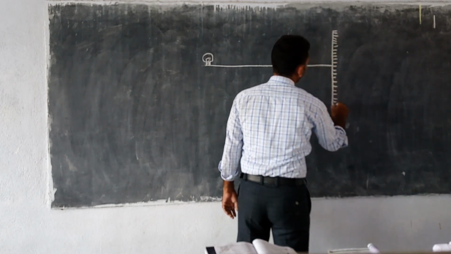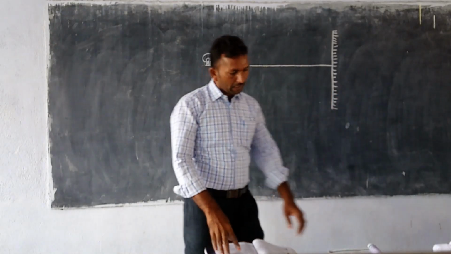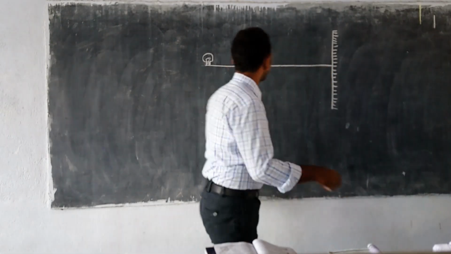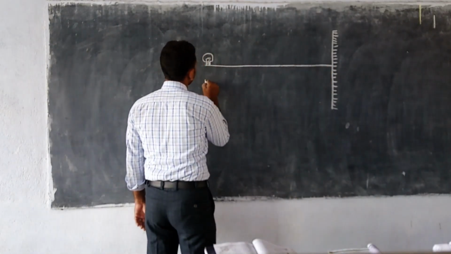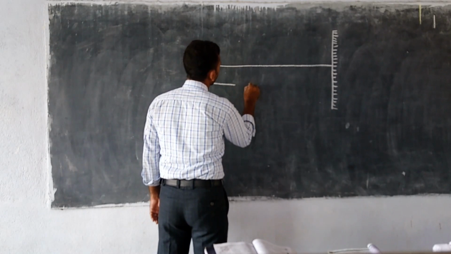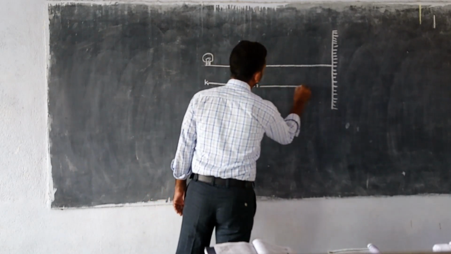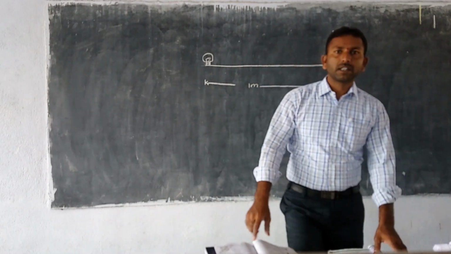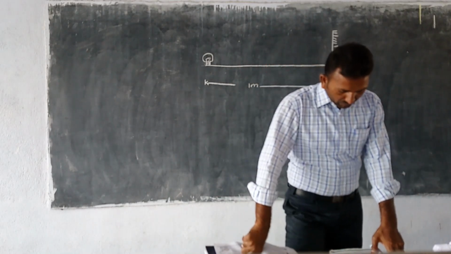Next, in a line at a distance of 1 meter. How much distance is this? This is 1 meter distance. The total distance between the lamp and the screen is 1 meter.